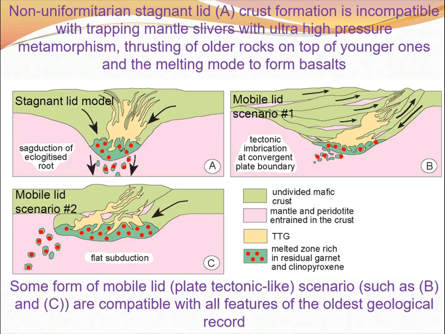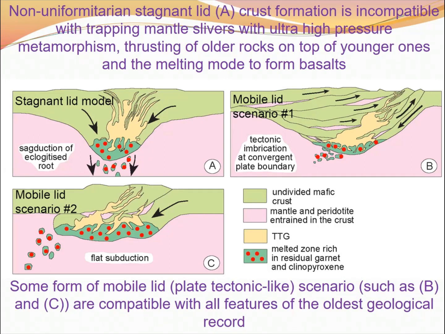Then there are two so-called mobile lid or plate tectonic scenarios. One shows an imbricated convergent plate boundary. We have lots of slices of mafic crust all stacking up, catching little slivers of mantle in between them, and the bottom of that pile is starting to melt to form the tonalites, which are the main rock type in the Eoarchean.